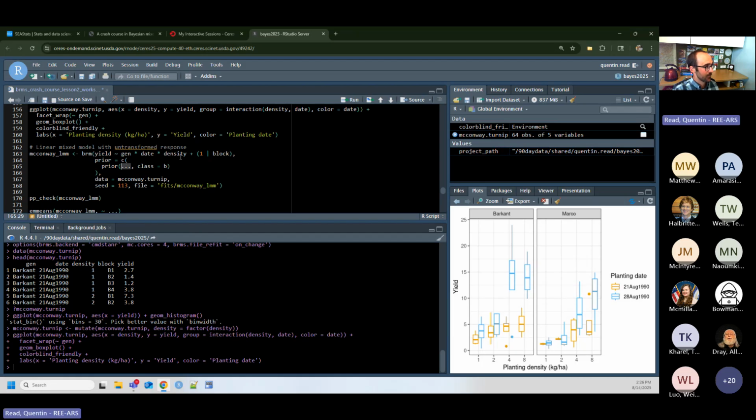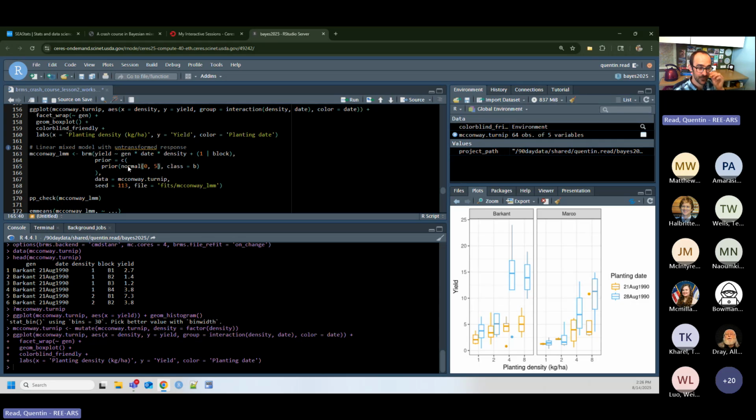And prior, remember class equals B means we're going to put a prior on the fixed effects. And I'm going to put a sensible prior on this. Now, if you look at the graph, we have yield goes up to about 25. So to me, a normally distributed prior with a mean of 0, because we're not going to say which direction the effect is. We think there's just as much chance of negative as positive.